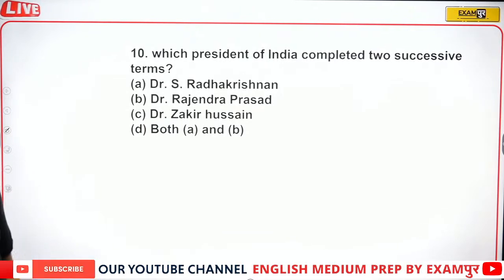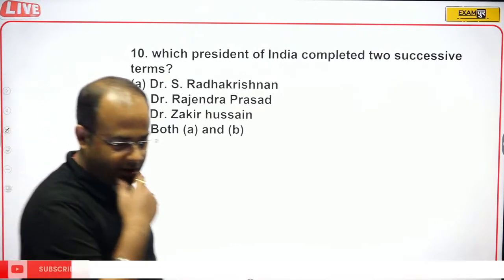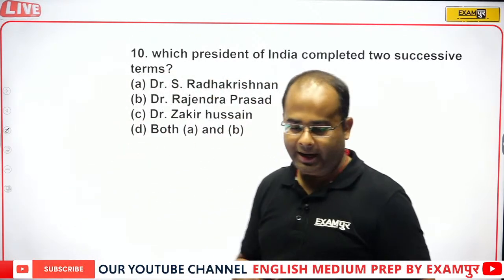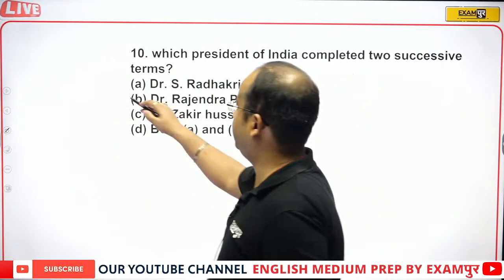Okay, let's see the correct answer, guys. Vijay is saying option B, Chantharu is saying option B, and the correct answer is also option B.